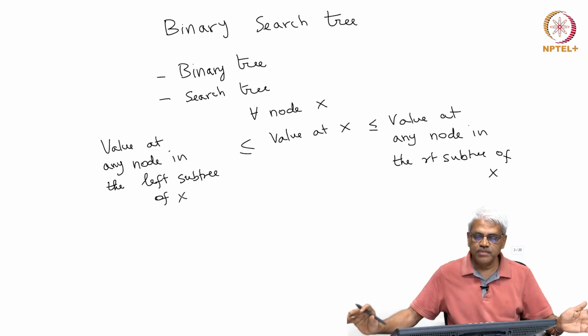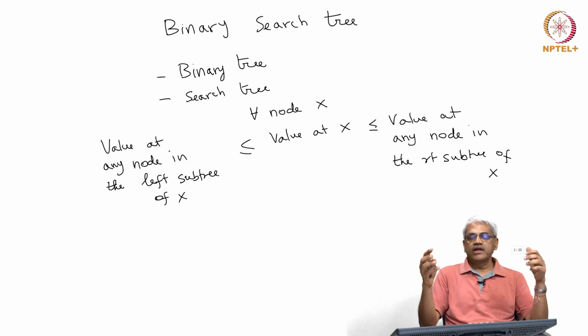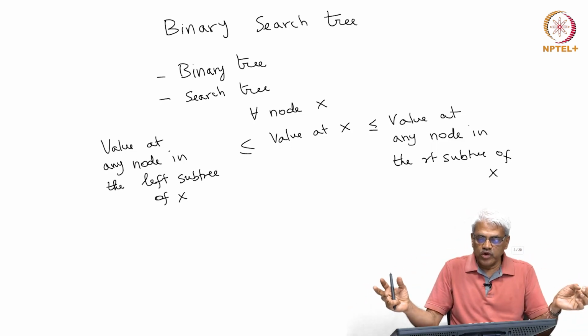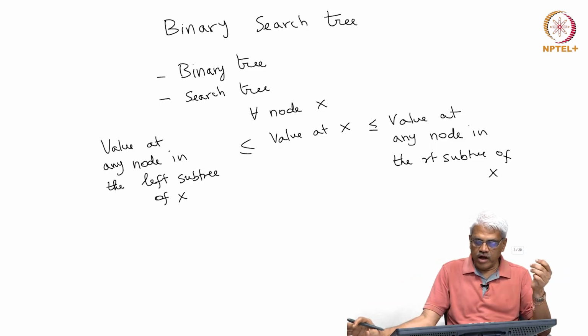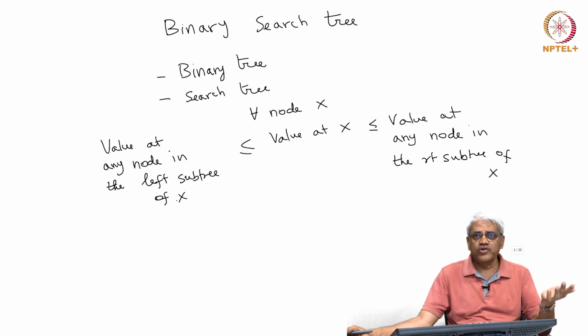Okay, so this is what a binary search tree is. It's a binary tree where the values are stored on the nodes of the tree with this property being satisfied by the values.